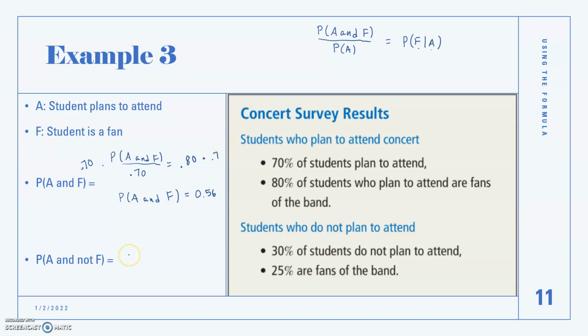Okay. If I do the probability of A and not F, that's going to be the probability of not F, given that they're attending the concert.